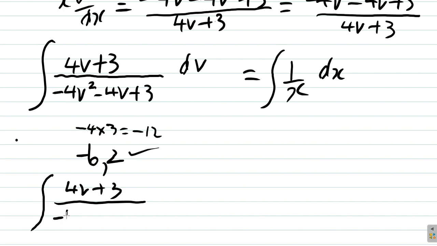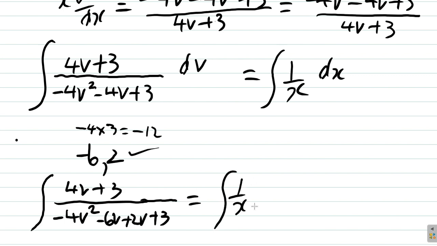At one end you have negative 4v squared. At the other end you have plus 3. In the middle we separate the negative 4v into negative 6v and plus 2v. Alright. And that is equal to the integral of 1 over x dx.